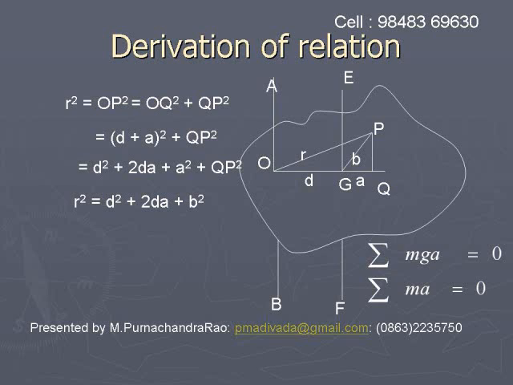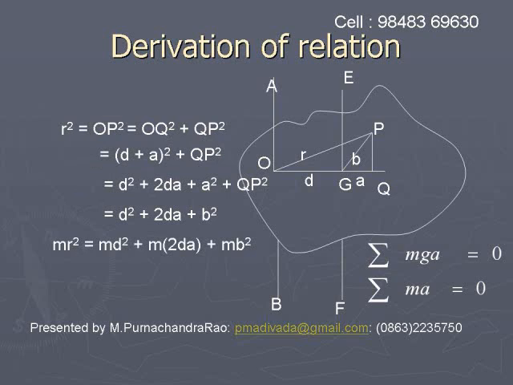If we multiply both sides with small m, we get mr square is equal to md square plus m into 2da plus mb square.